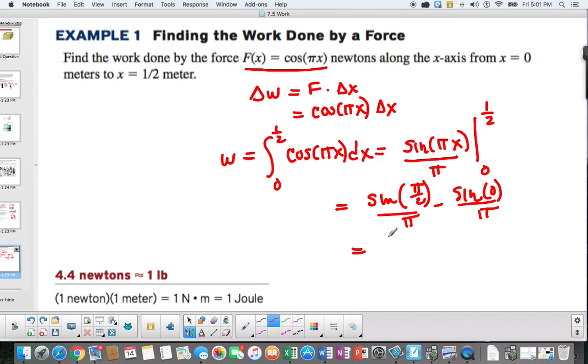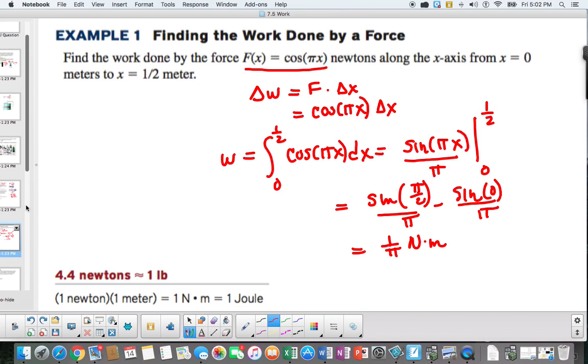So this will be 1 over pi. This is in newton-meters, and that's the work. That work is going to be called a joule. So I can say 1 over pi joules.